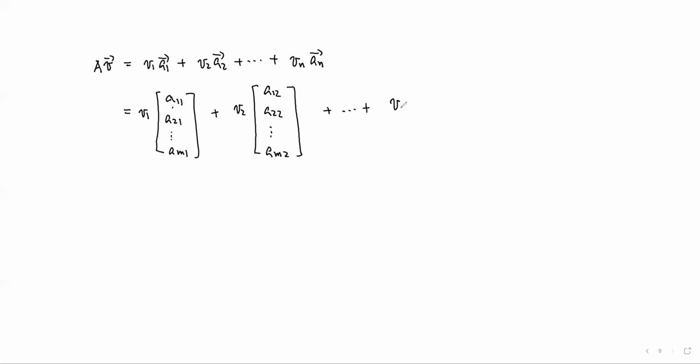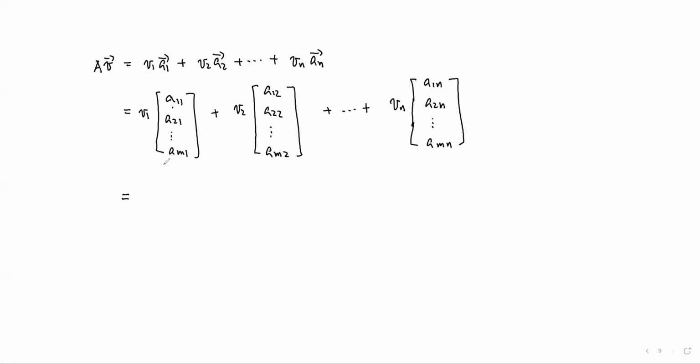The last term is Vn times An, the last column. The last column is A1n, A2n, then AMN.